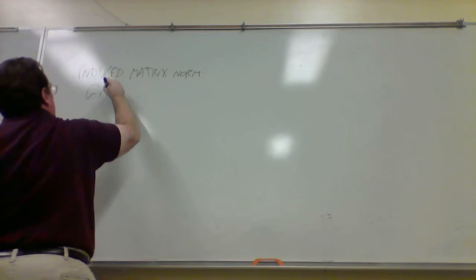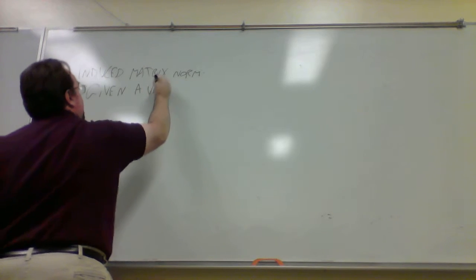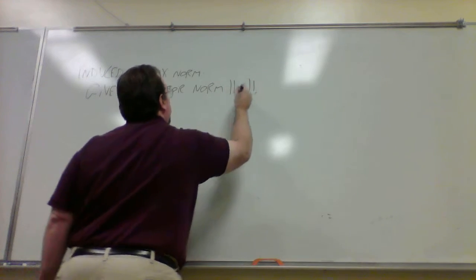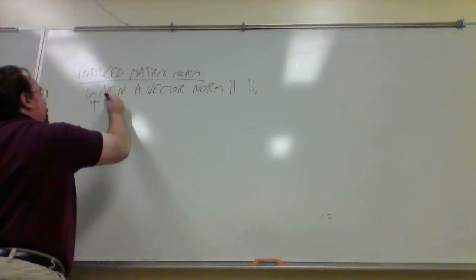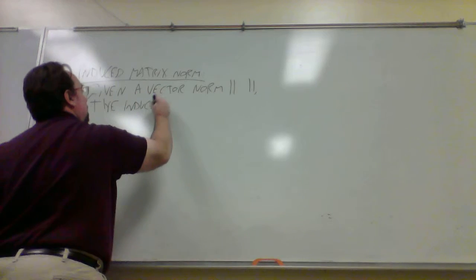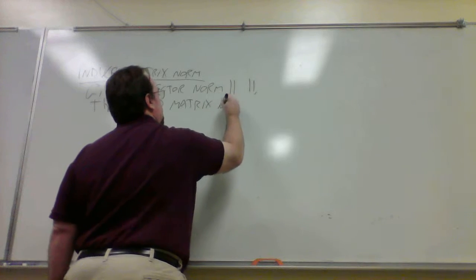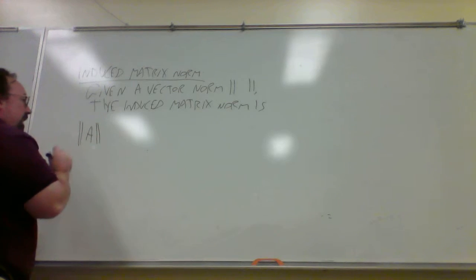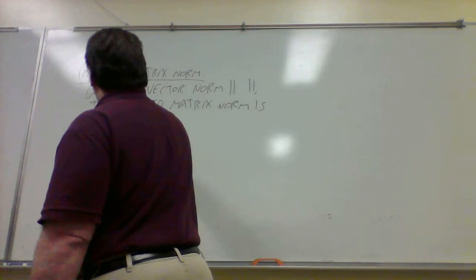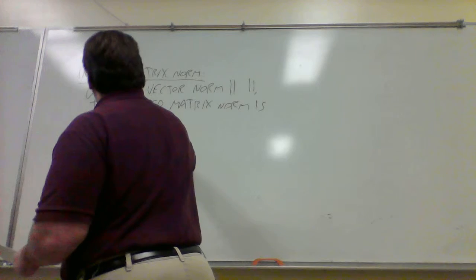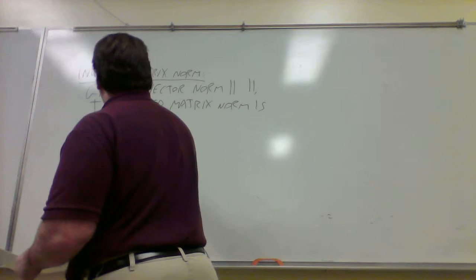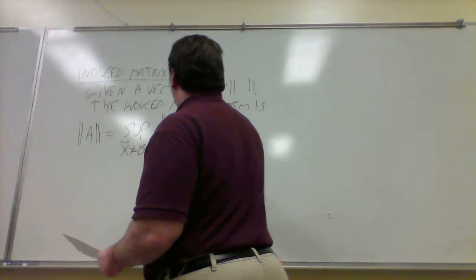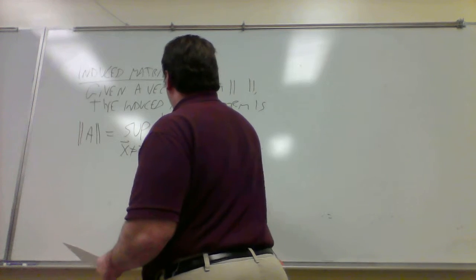The idea is, if you're given a vector norm, such as one of the p norms, the induced matrix norm is defined as follows: the matrix norm of A is the supremum over all non-zero vectors x of the norm of A times x, this is a vector norm here, divided by the vector norm of x.